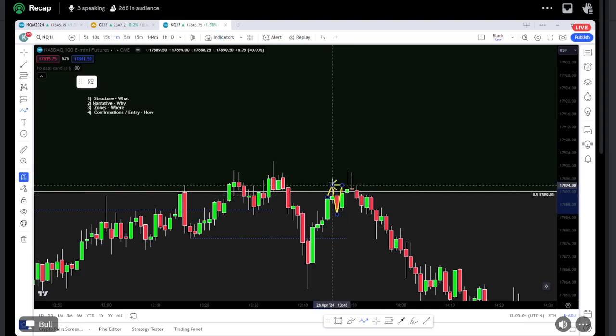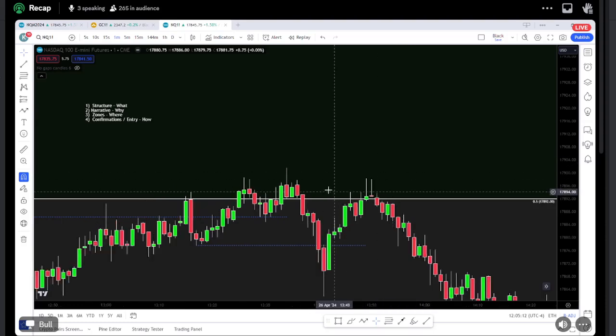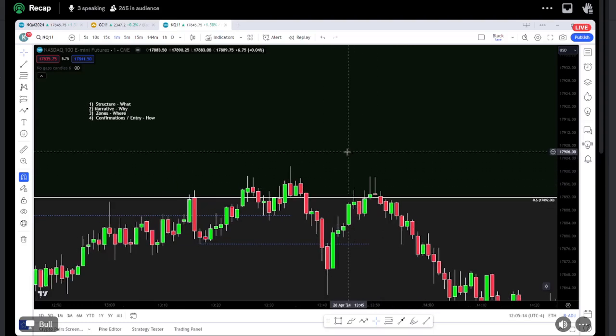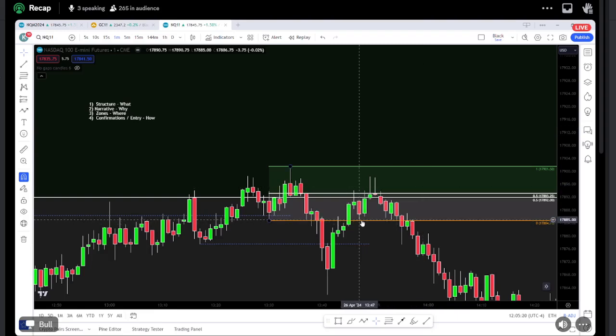I want to see this get ran, trade back in, and then go. This is a bit of a mitigation, right? And I think it might have actually delivered a 1-to-1 of this seconds time frame zone here. Close.